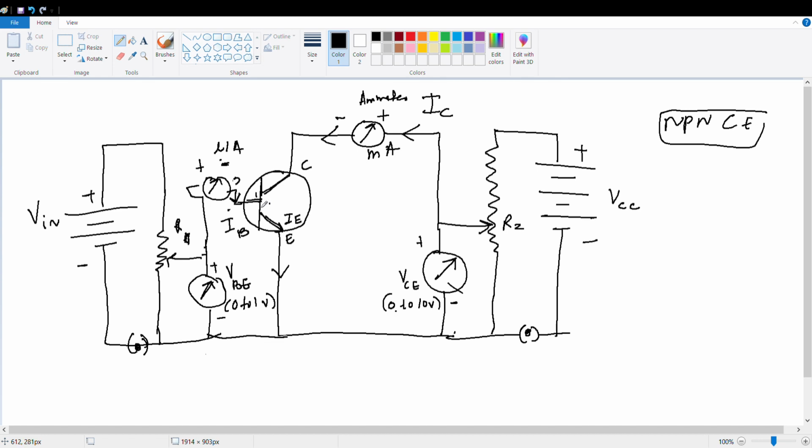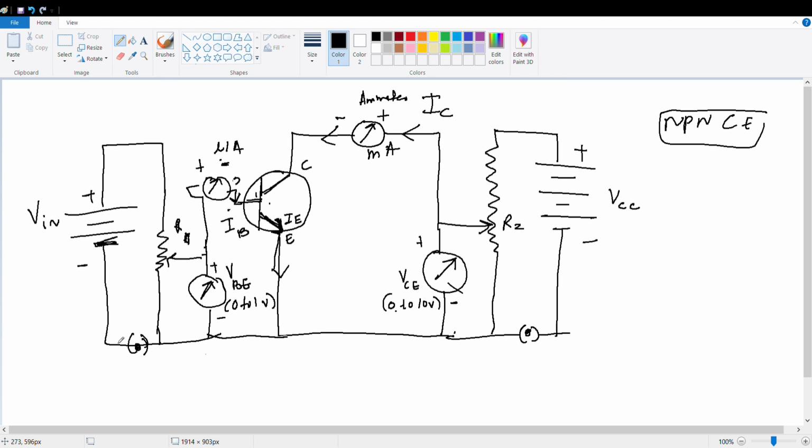So the base and the emitter. Obviously, what is the emitter? Is it N or P? Emitter is N. Now N is connected to the negative part of the battery.